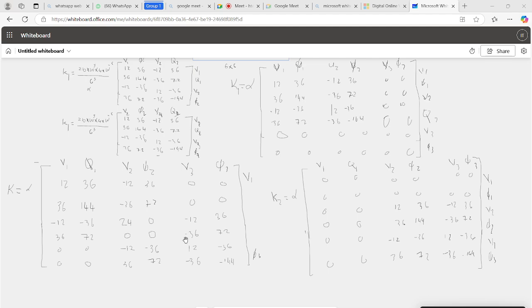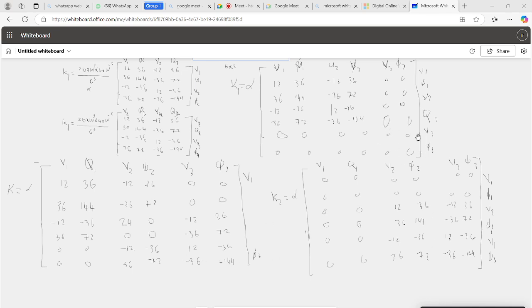Minus 36 plus 0 is minus 36. 72 plus 0 is 72. You do it for each and every element. You add them. 0 plus 0 gives 0. 0 plus 0 gives 0. 0 minus 12. That's why we have minus 12. 0 minus 36. That's why we have minus 36. 0, 12.